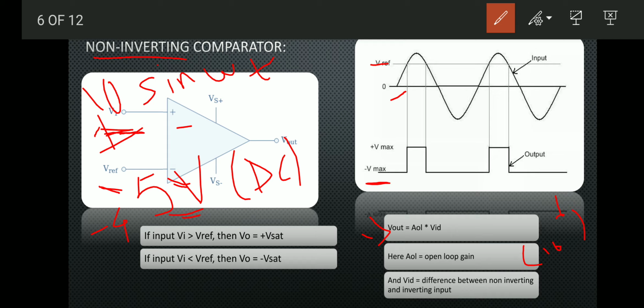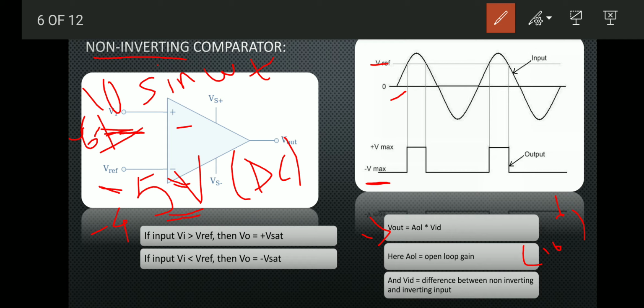Once the input gets greater than this reference voltage, that is, whenever the input goes beyond 5 volt, the V1 would be greater than the V reference. In such a case, let us assume it can be 6 volt.